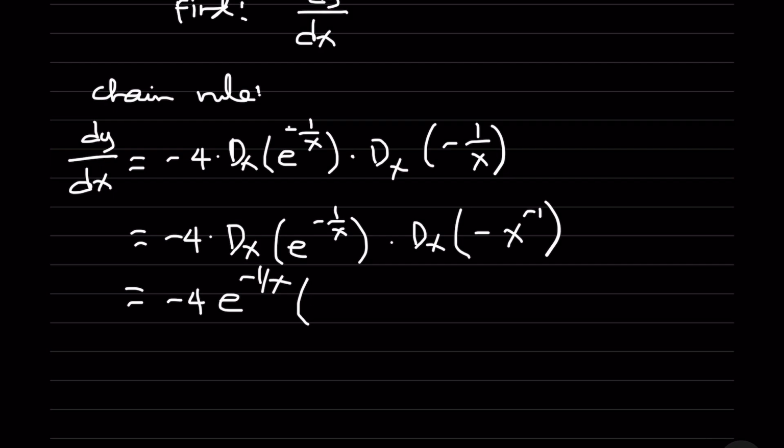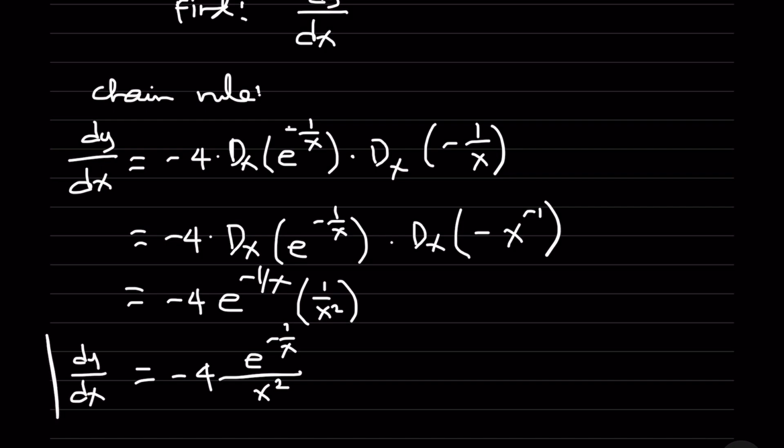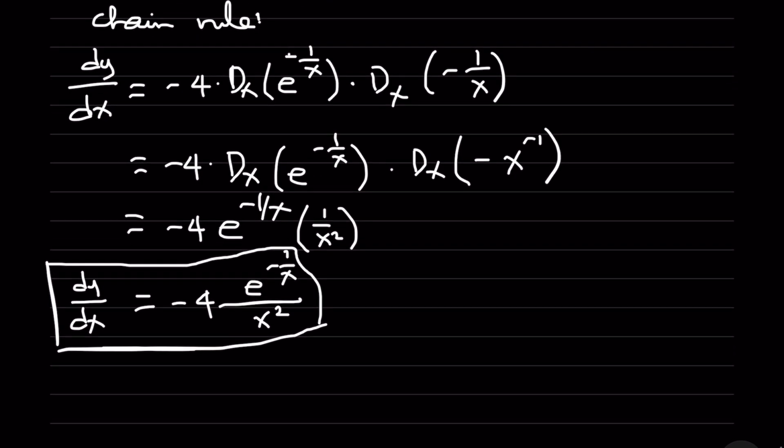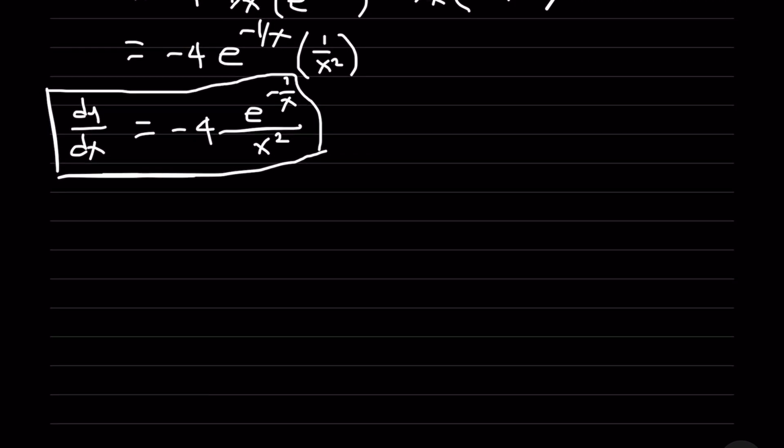The derivative of e raised to negative 1 over x is also e raised to negative 1 over x. Then the derivative of negative 1 over x is equal to 1 over x squared. So this is the final answer.